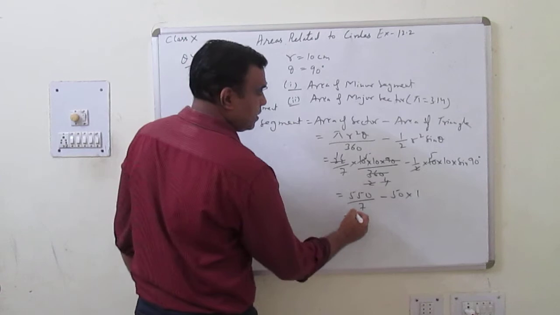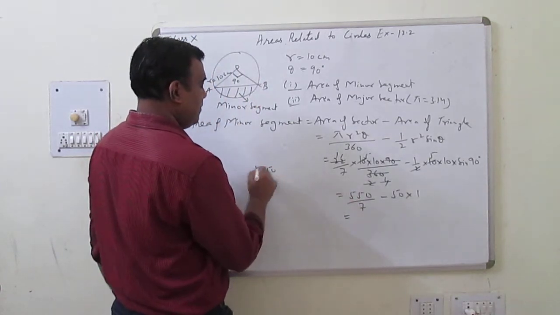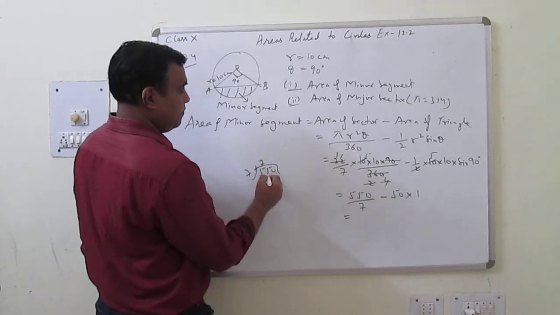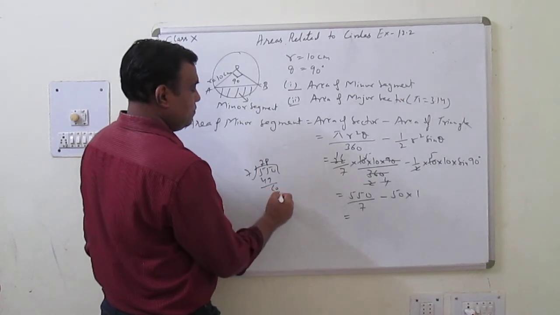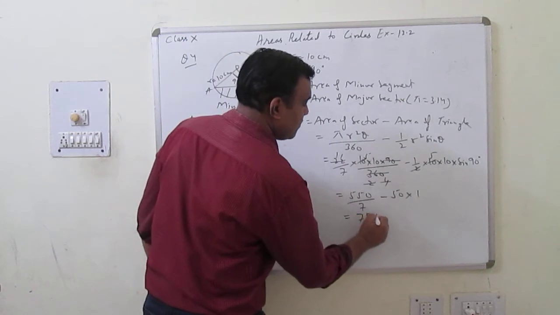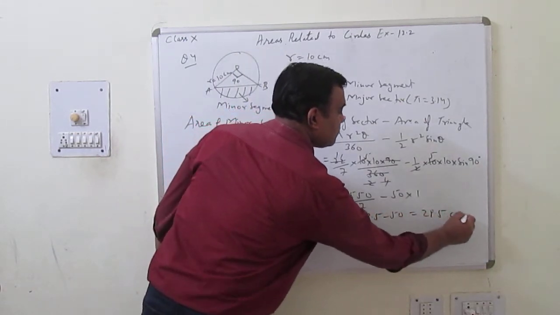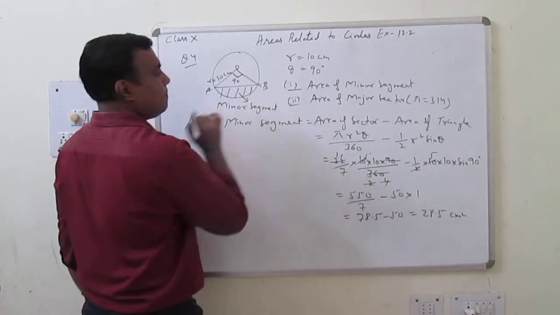Divide 550 by 7, 7 sevens are 49. It is approximately 78.5 minus 50. It is 28.5 centimeter square. This is the area of the minor segment.